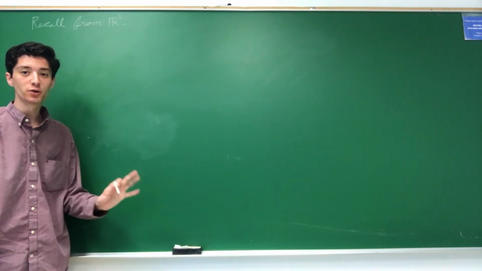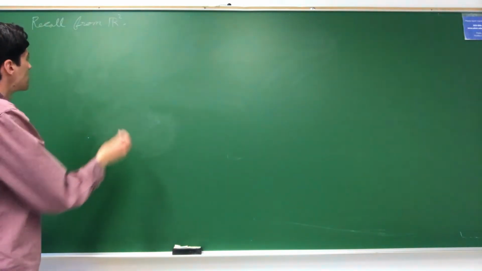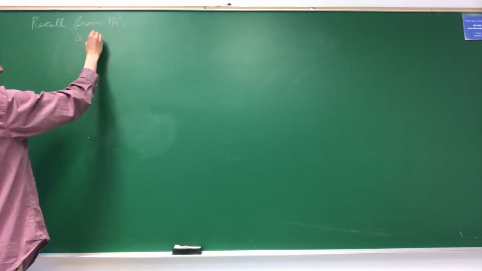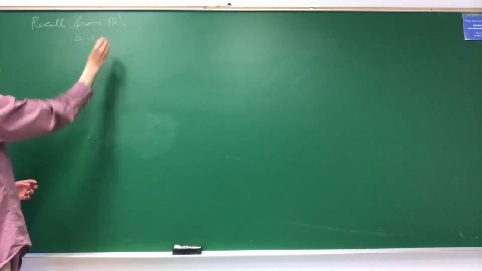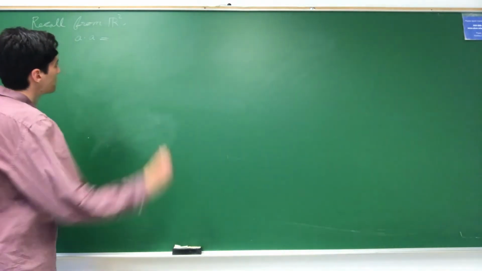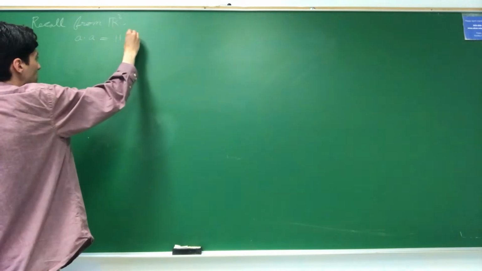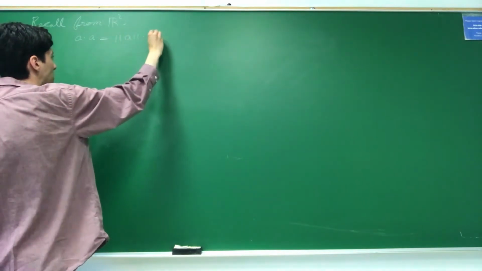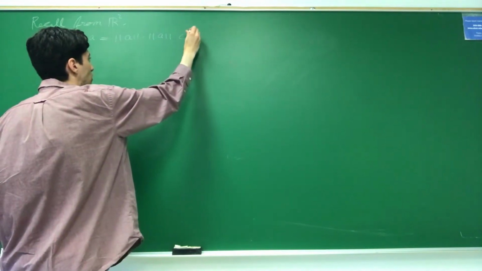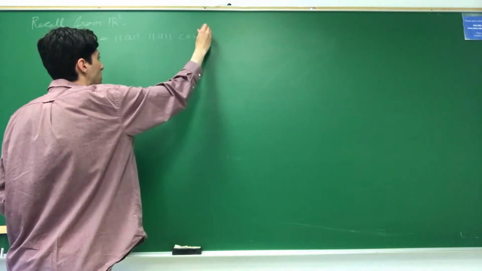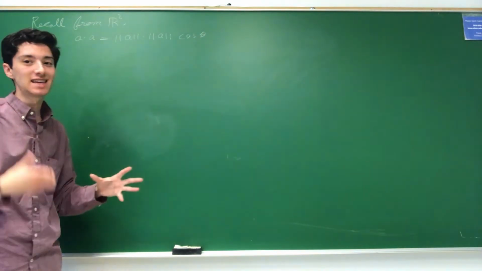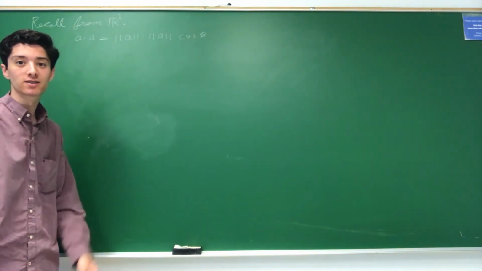Now recall in 2 dimensions that if we have a vector and we take the dot product of that vector by itself, using our geometric formula, this is equal to the magnitude of A times the magnitude of A times cosine of theta. But what is theta if it's the same vector? Theta is the angle between the 2 vectors.